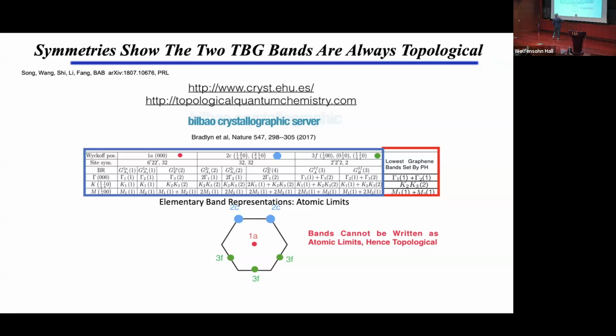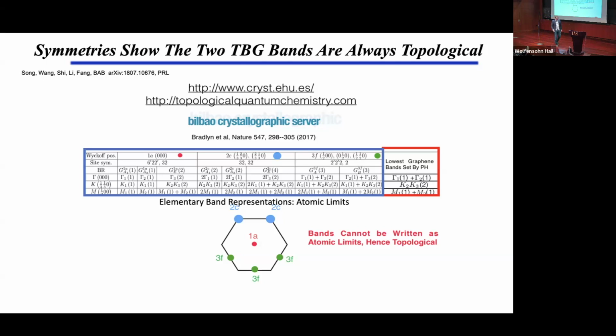For example, if I want gamma 1 plus gamma 2, I could write them down in terms of an s at the gamma point, an s and a p orbital localized at this position, exponentially localized. This would also give me m1 plus m2, but instead of giving k2, k3, the two-dimensional representation here, it will give me k1 plus k1, two one-dimensional representations at the k point. It wouldn't be my band that I want.